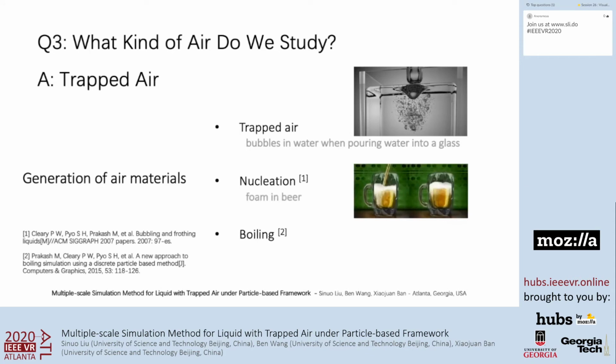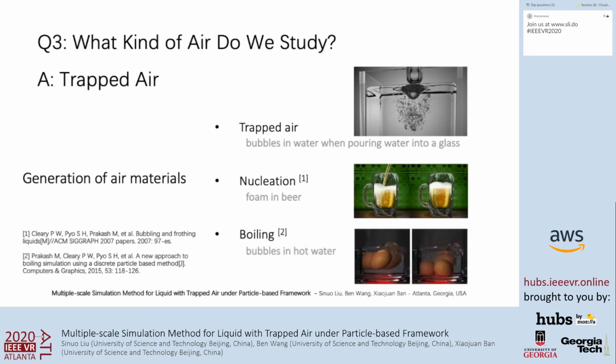Second, when environment such as temperature and pressure change, air that originally dissolved in water may precipitate to generate nucleation bubbles, like foam in beers. Third, when the liquid is heated above its boiling point, surface and internal fluid particles vaporize simultaneously, like bubbles in hot water. In this paper, we focus on trapped air in liquid.